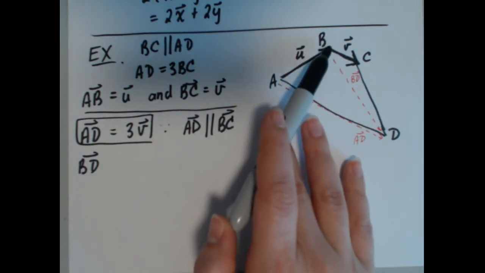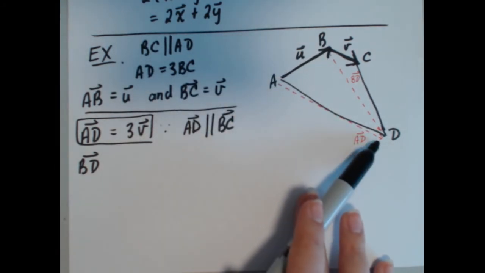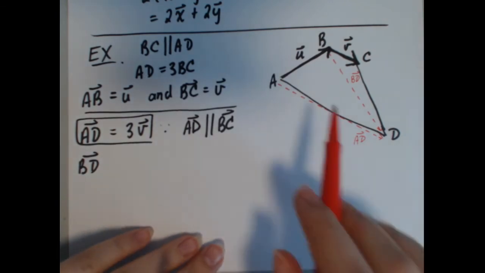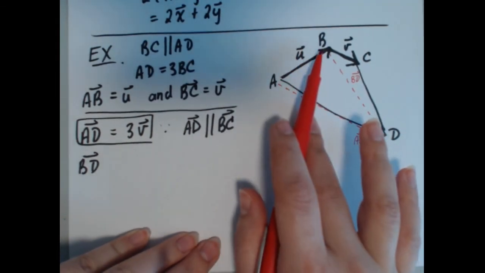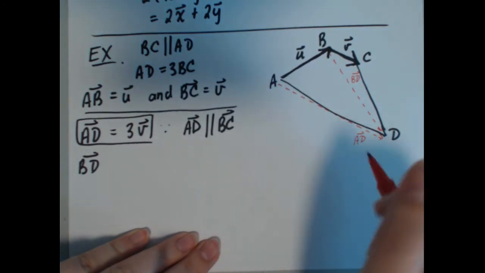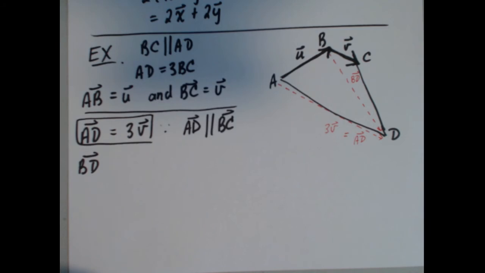So if I can't go this way, towards the right or clockwise, I go towards the left or counterclockwise. Okay, so I now know that this side is represented with U, the vector going from A to B, and I know the vector from A to D. I just found out that this is 3V. Okay, so that's going to help me.